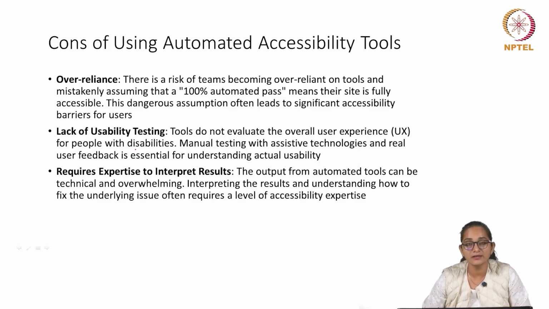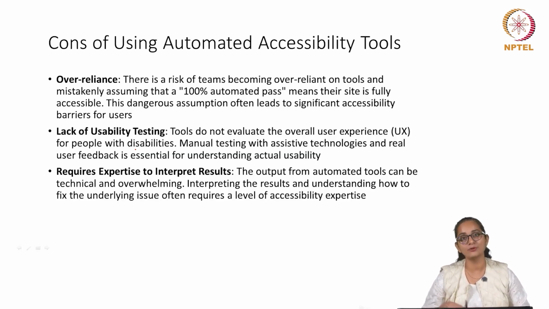So it requires expertise to interpret results. It just generates a numeric report. We will see a few examples of what kind of reports it generates, and the results also need to be interpreted by development or design experts who have some idea about accessibility criteria.